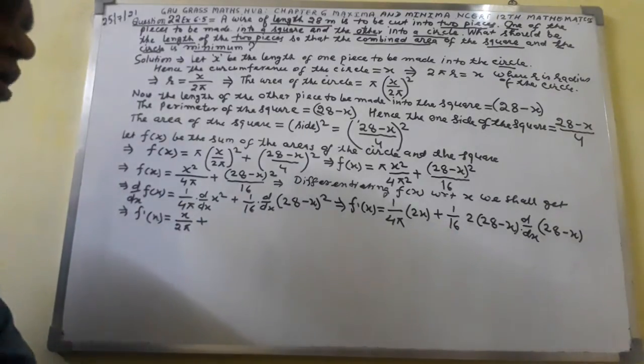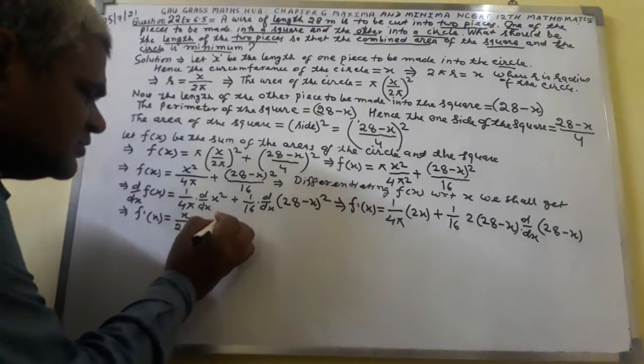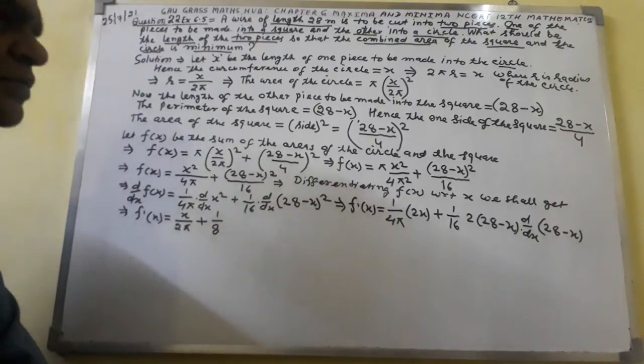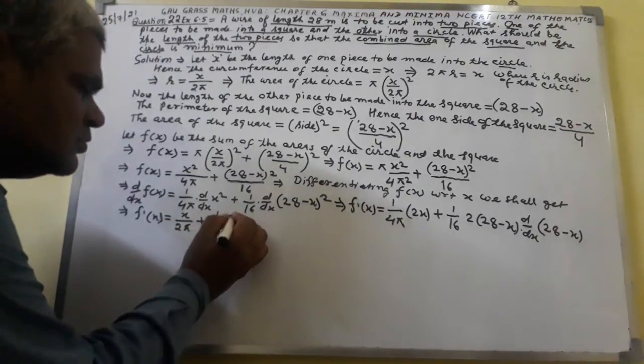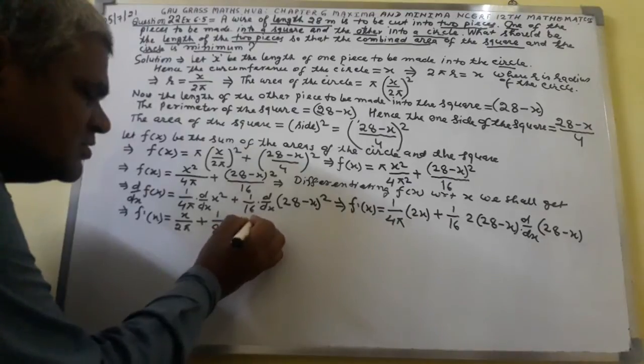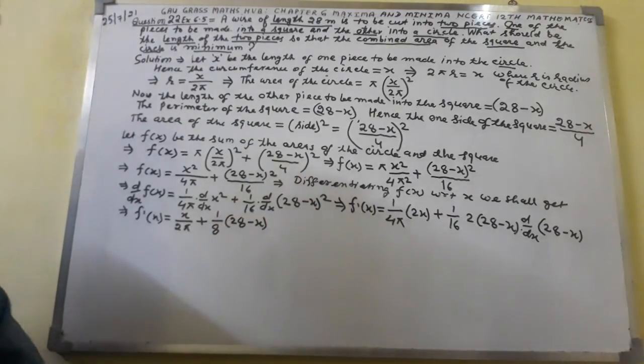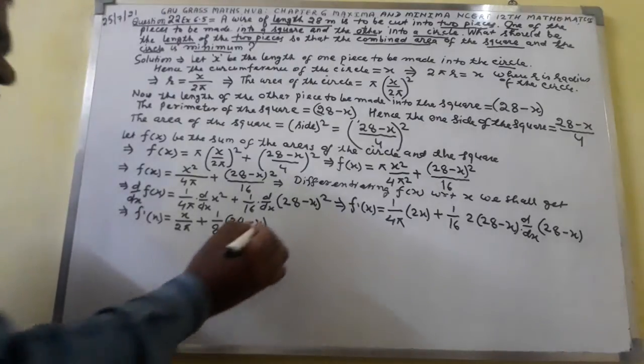We will get 1 over 8 times 28 minus x, and d over dx of 28 minus x comes out to be minus 1.